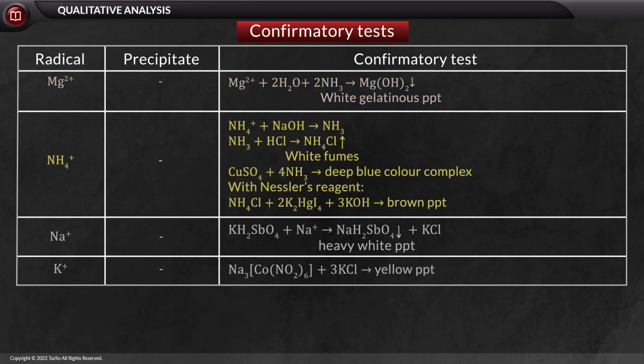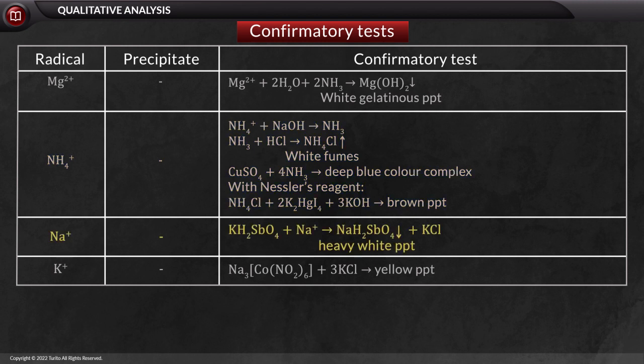Next is the ammonium compound, which, when dissolved in an alkaline solution, gives a smell of NH3. The gas evolves white fumes with HCl. When a paper soaked in CuSO4 solution is exposed to NH3, it becomes deep blue due to complex formation. With Nessler's reagent, a brown PPT is obtained.